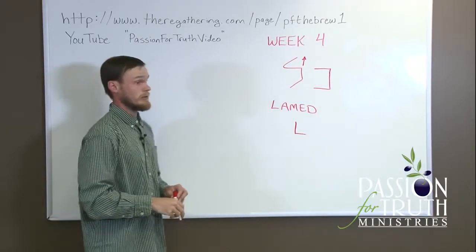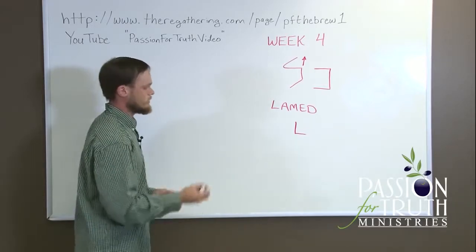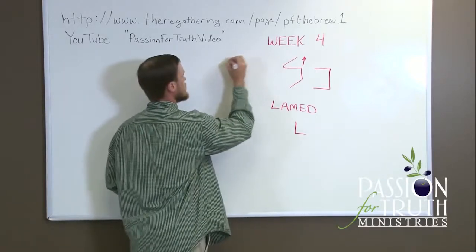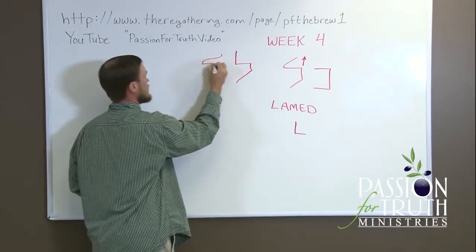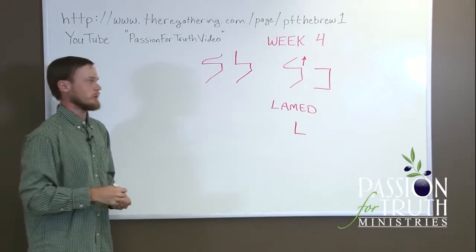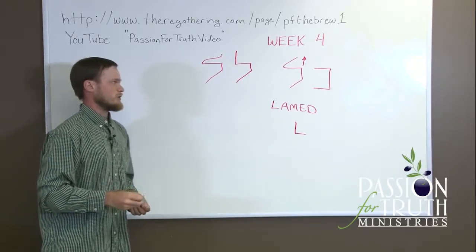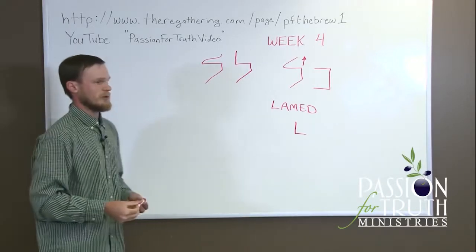It's in fact the only letter that will extend above the normal line of writing. And sometimes you'll see it like this, sometimes you'll see it like this. It's always a Lamed. There's no difference in pronunciation between any of those forms. It's just a matter of how you wish to write it.